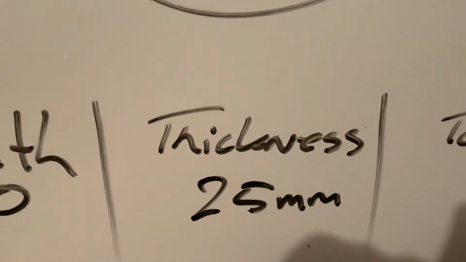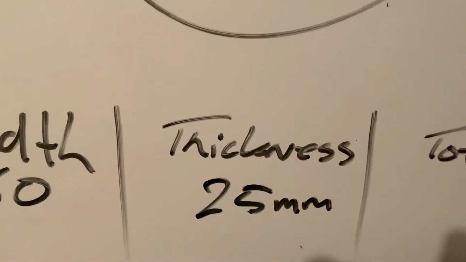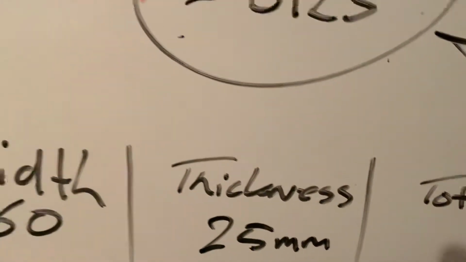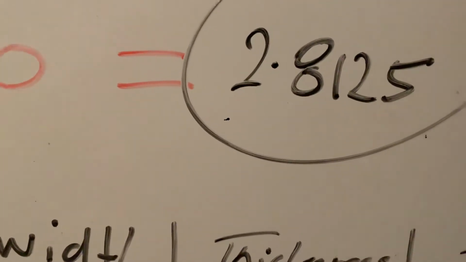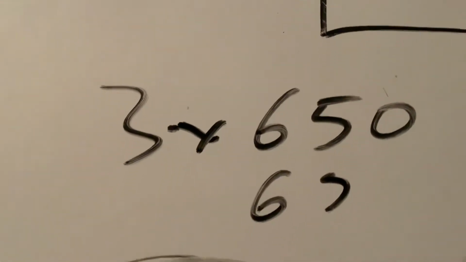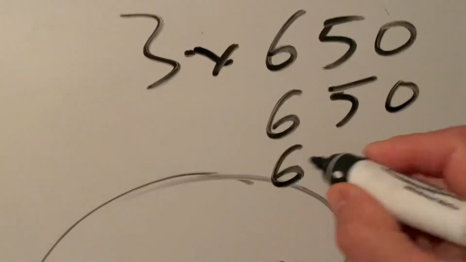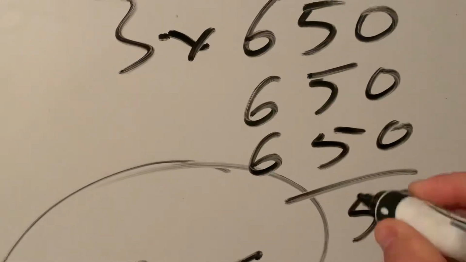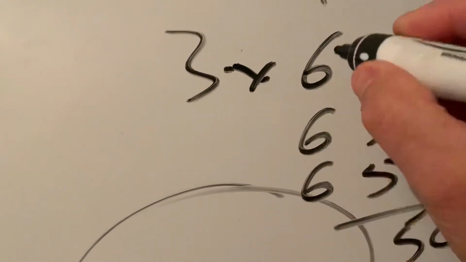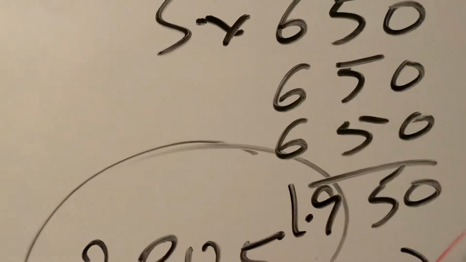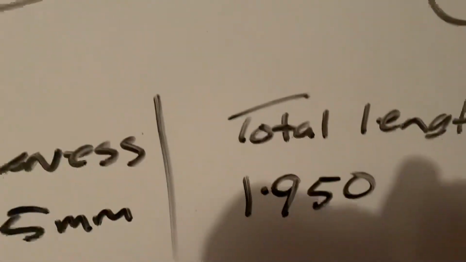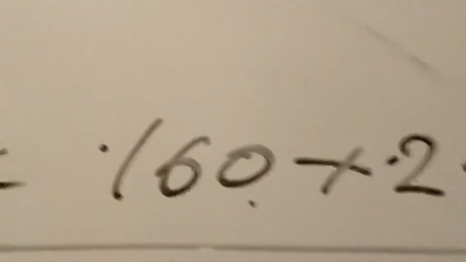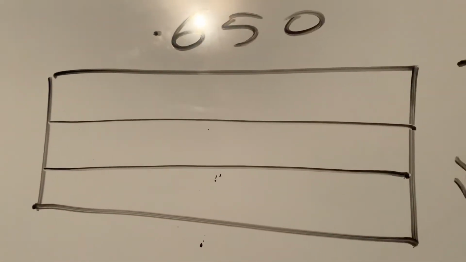Now, to get your total length, you simply go 3 times 650, which is 1950. That is the total amount of timber at this gauge that you need to build this table top.